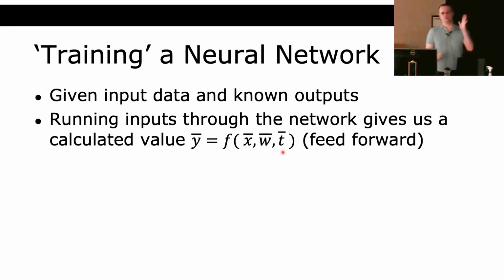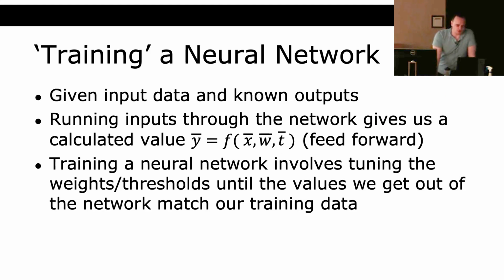Because we're taking the inputs, we're feeding them into the neural net, and then we feed them forward, okay? What we'll see in a bit is this other process called back propagation, where based on the error values of our predictions, we then update the weights back through the neural network. So there's feed forward and back propagation.